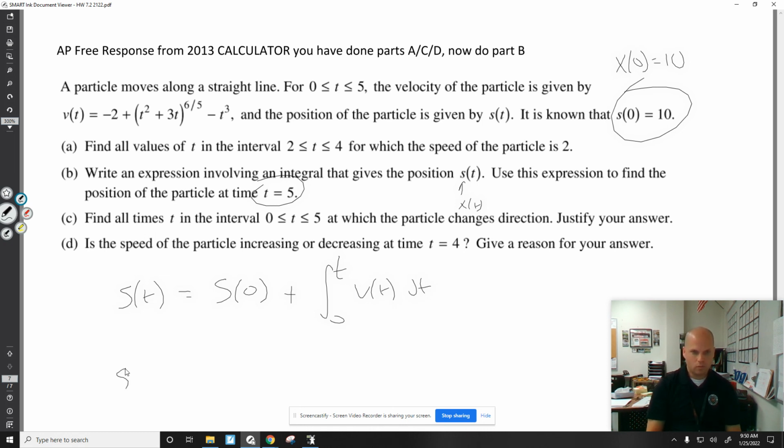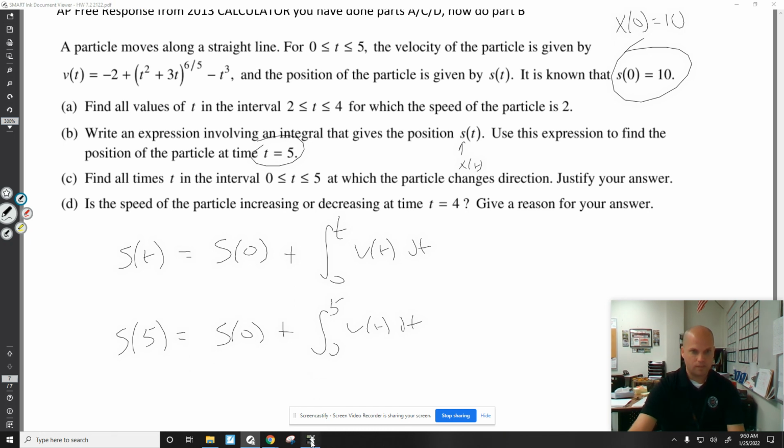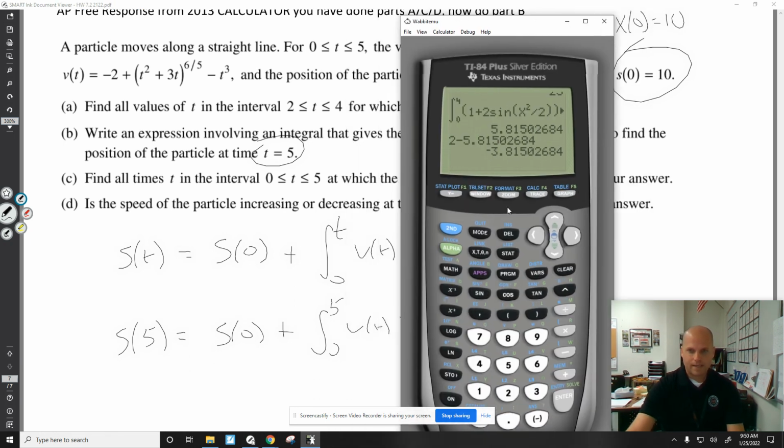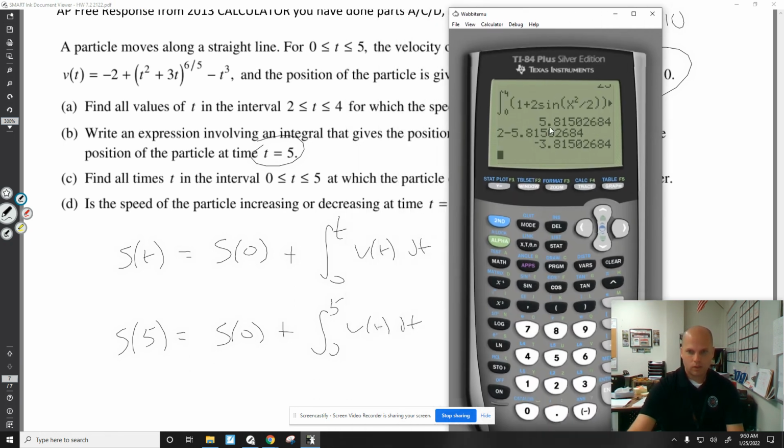Okay. So I want to find the position at 5. I know the position at time 0. I know the displacement because I have a calculator. Can't take the antiderivative of that. You might think you can, but you can't because of this t squared, you can't undo the outside and stuff like that. So I got 10, which I'll add later.